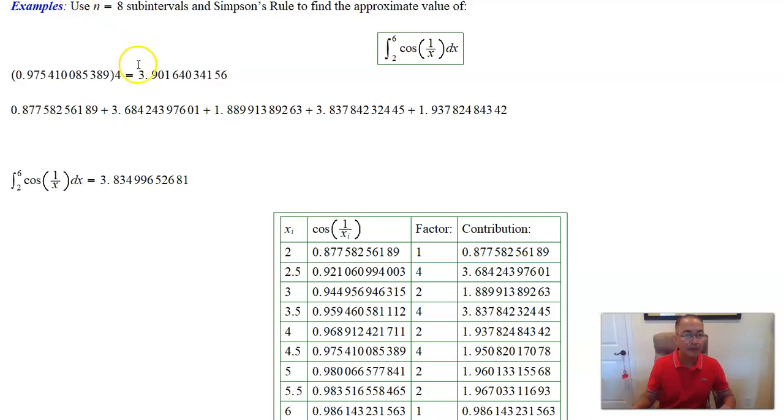And we get this much, which goes in here. And we'll start another line. And we add the next number over here.